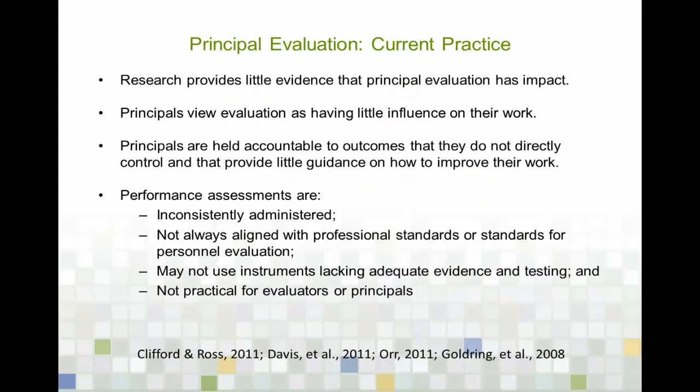What we know also from our scan, both that's included in the guidelines document and another report that Steve and I published through NAESP, is that the current practice for principal evaluation is not very strong.